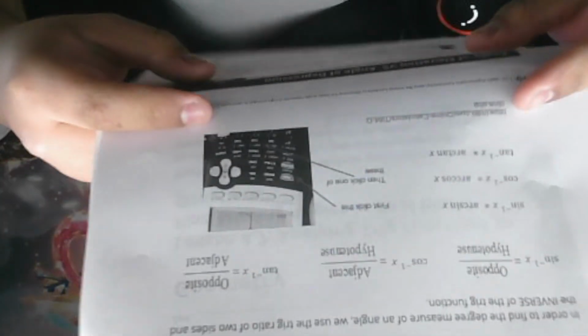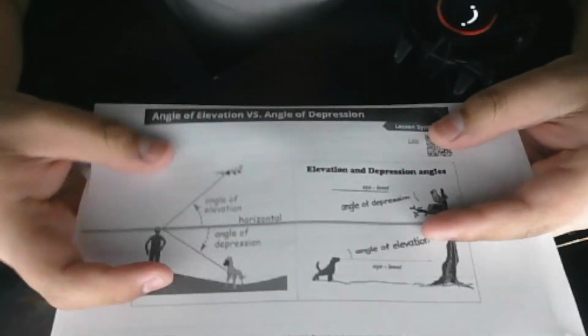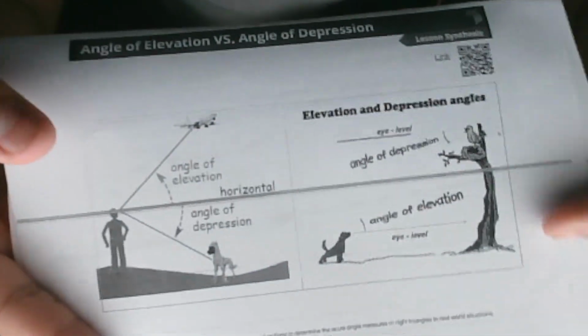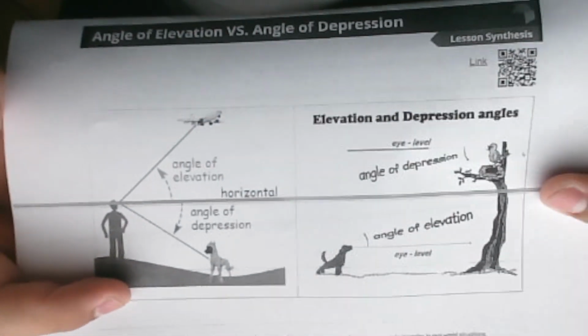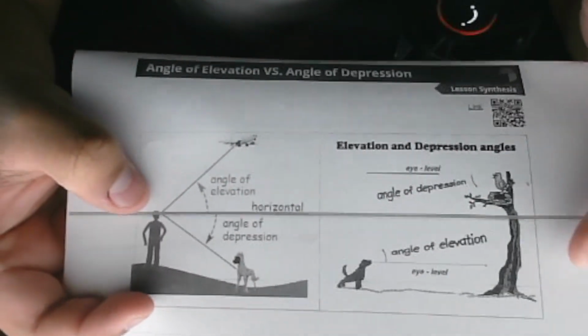But what we are mostly learning about in this lesson is the angle of elevation versus the angle of depression, which is very important vocabulary. The angle of elevation is when you're looking up, like an elevator going up.